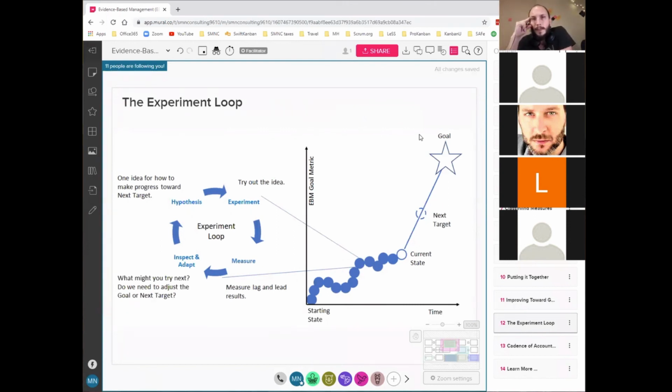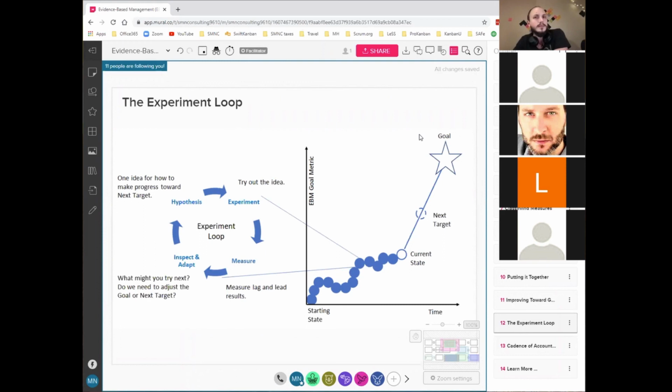It does map, I believe, and if you're familiar with the OODA loop, that's another variation on a theme that you're talking about. Observe, orient, etc. The inspect and adapt part of the experiment loop is very much where the inference would occur, because we have a hypothesis of what will cause change toward a specific goal.